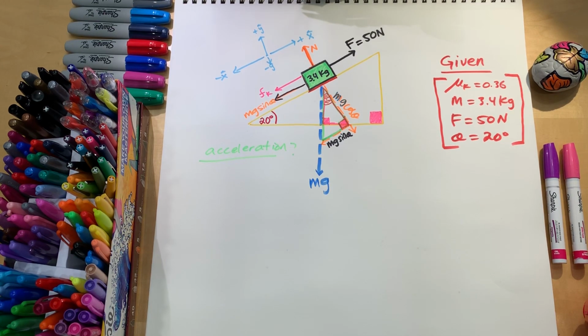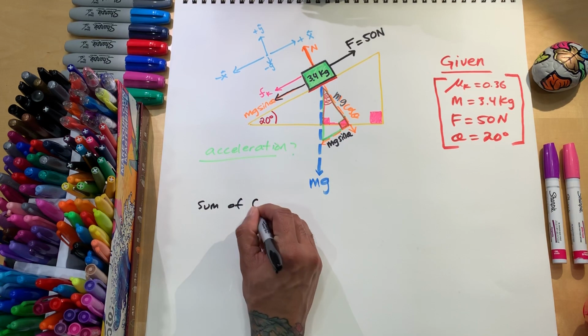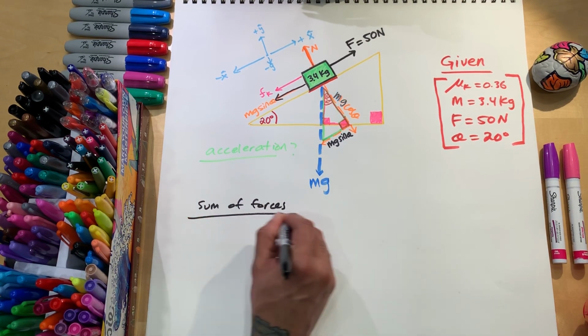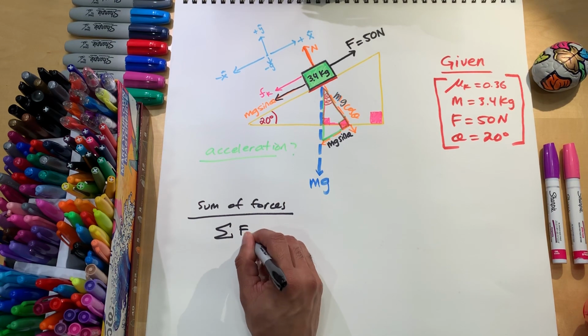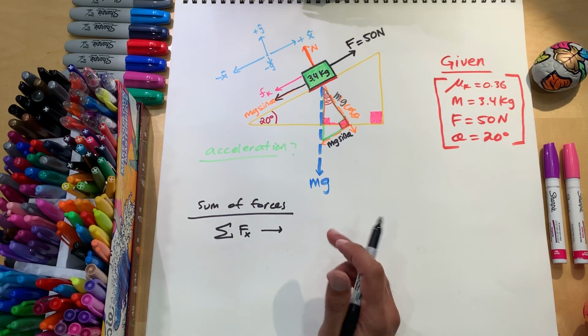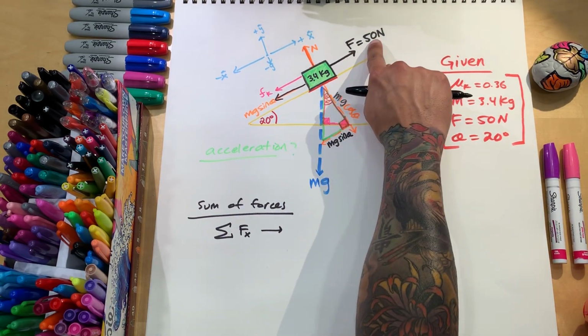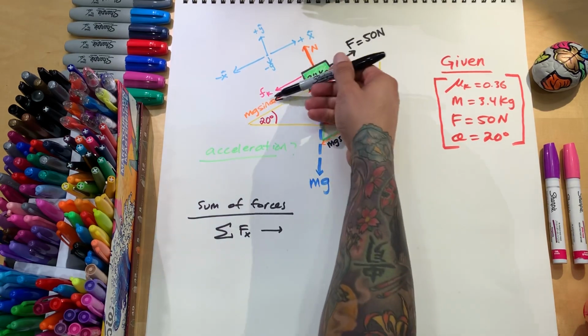Now that we have our forces, let's do the sum of forces. We're going to sum up all the forces in the x direction first. So what do we have? This is our x direction, so we have this one and these two back here.